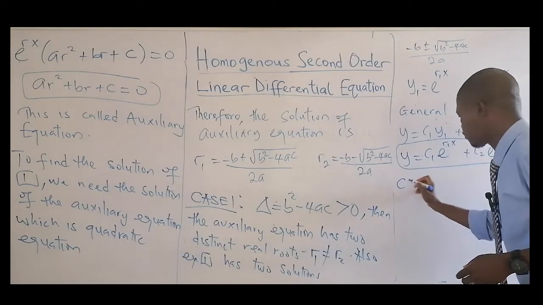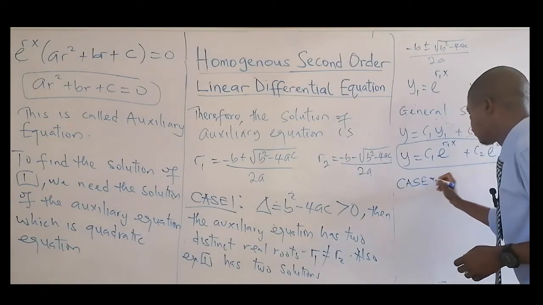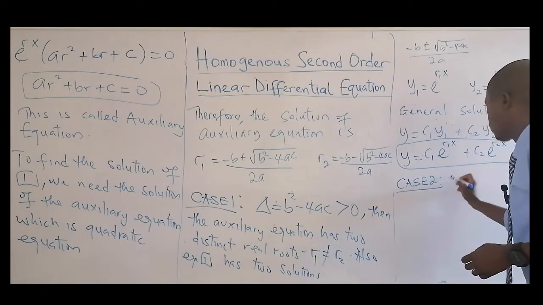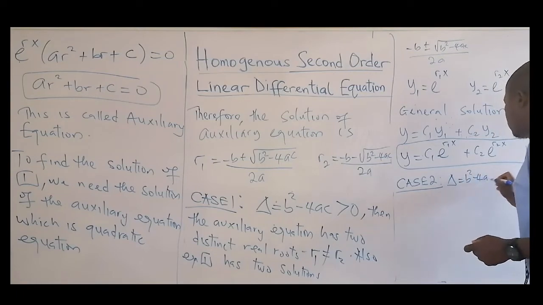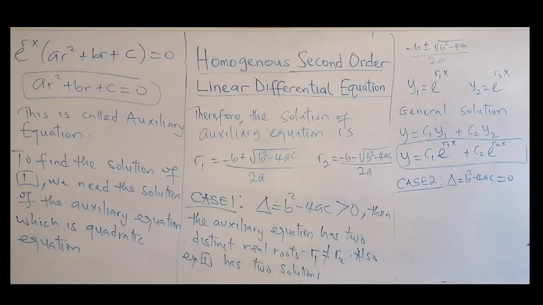Then case 2. Case 2 is when we are looking at the discriminant, b squared minus 4ac, is equal to 0.